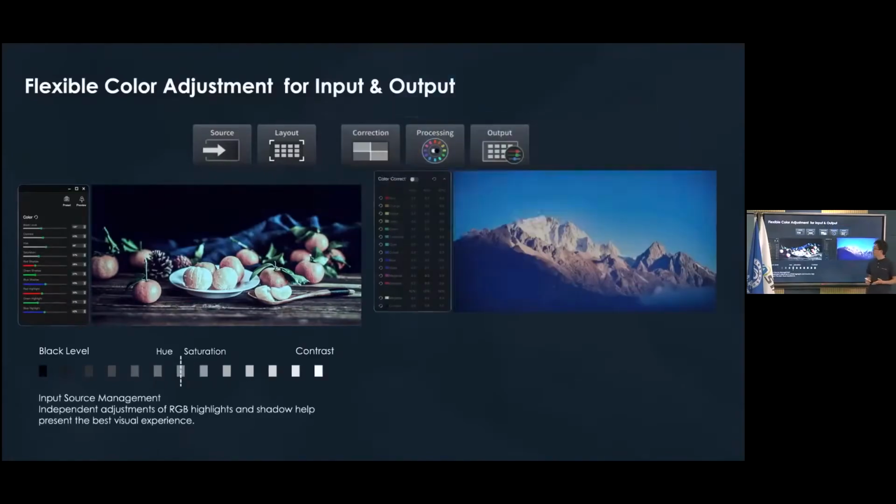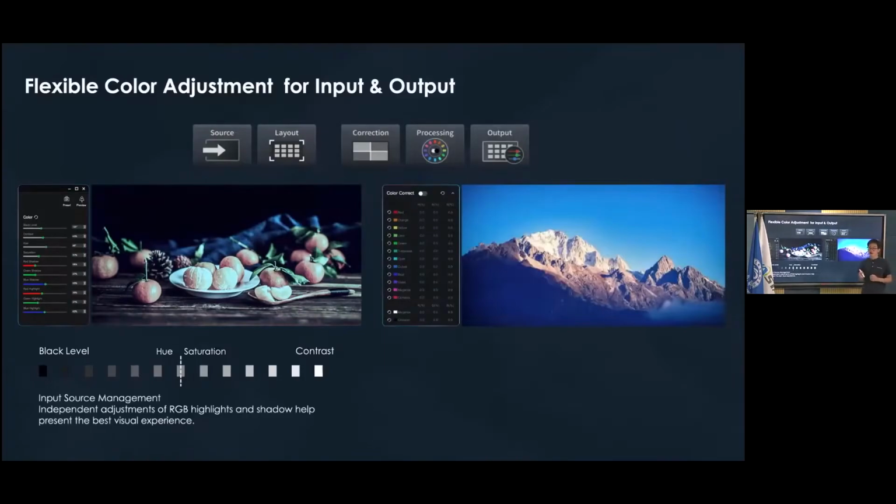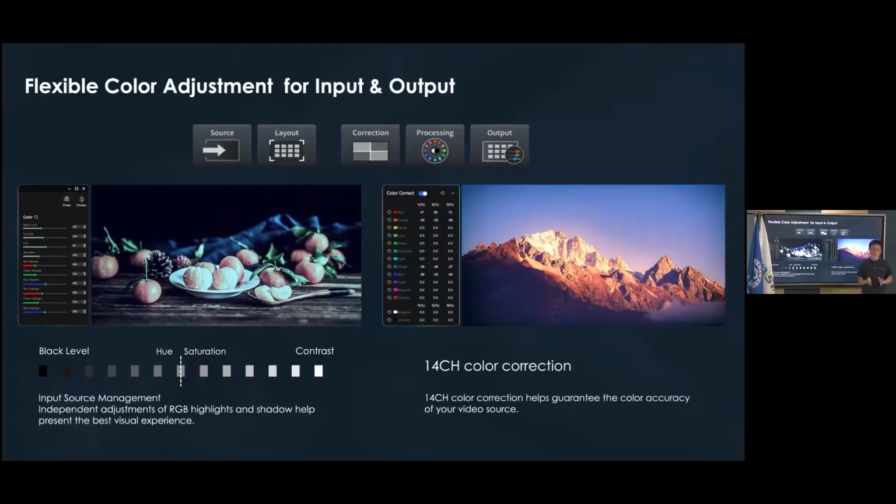Besides the input part, in the output part we also provide more professional tools for color correction. For instance, here we provide the 14-channel color correction tools, which allow users to have a more precise, accurate color correction through the VMP software, to correct the color to your ideal level.